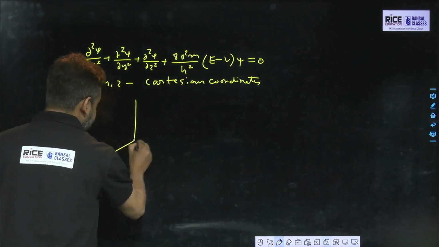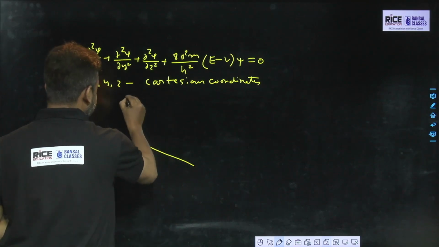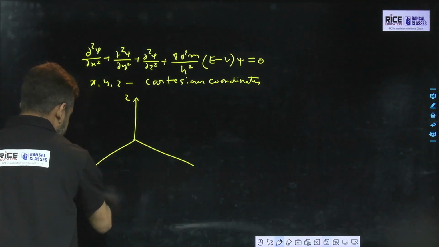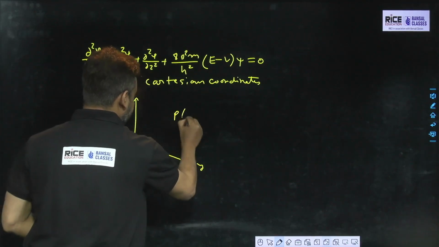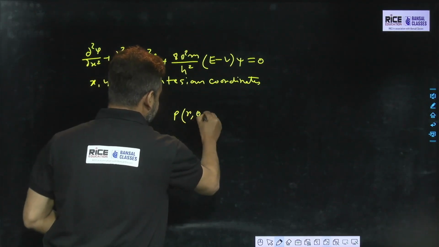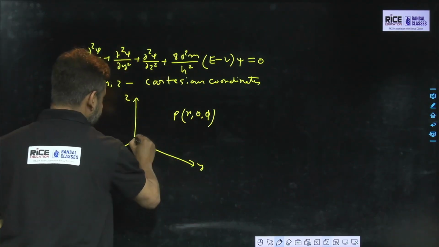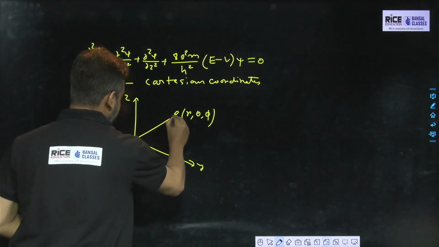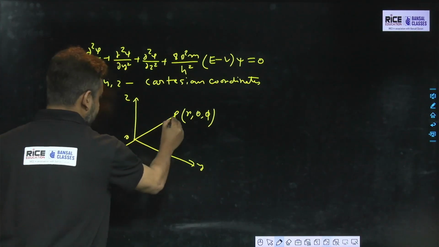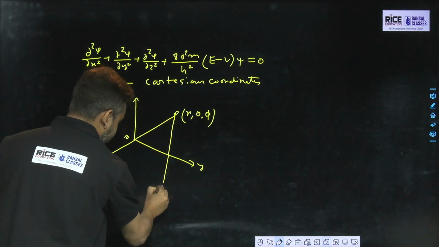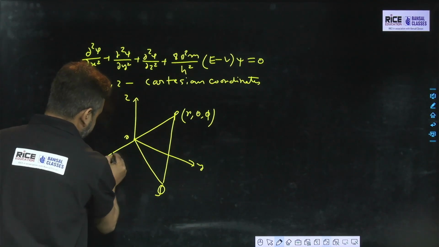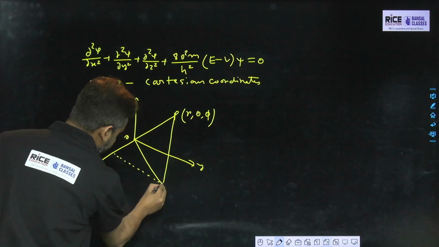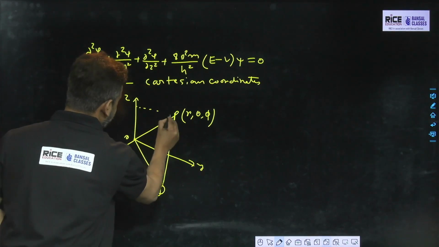Suppose this is the z axis, this is x, and this is y, and consider any point having r, theta and phi. Suppose this is the origin, you can connect O to P, and draw a perpendicular from here and also from here.